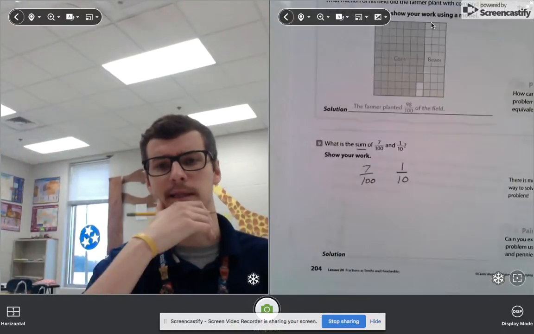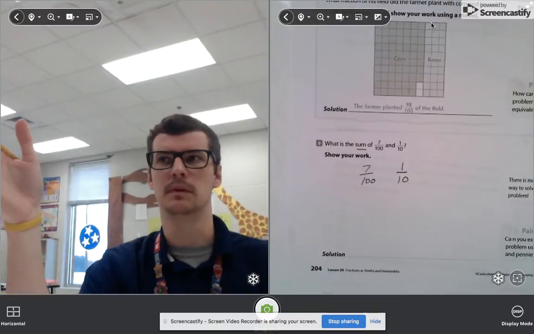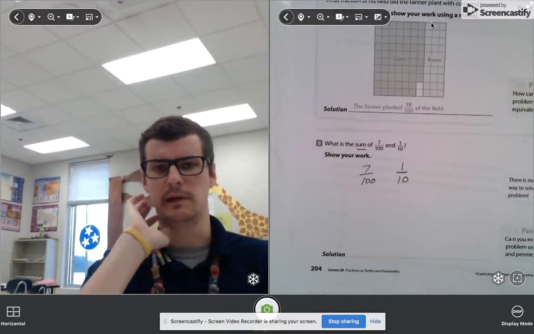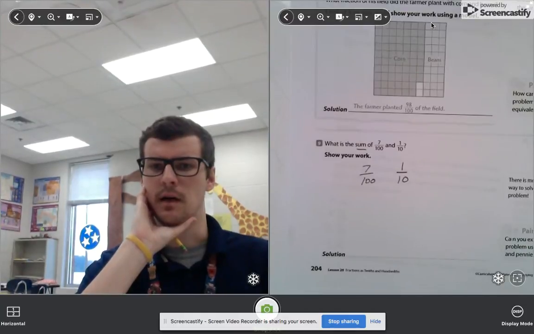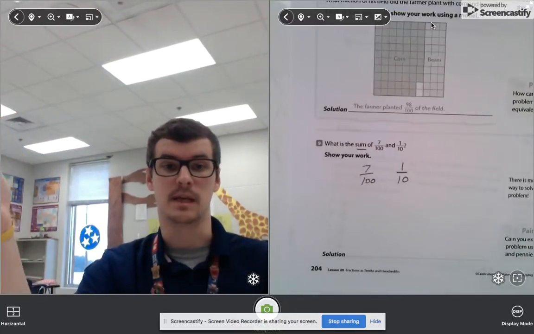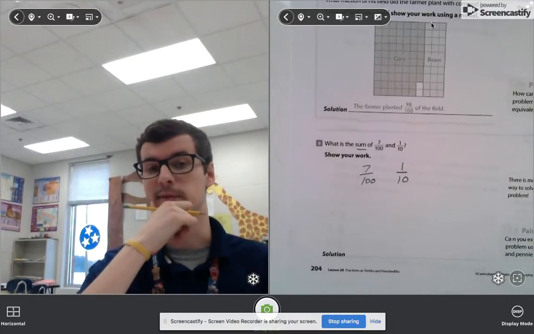We're either trying to get them both to have a denominator of 100 or both a denominator of 10. In order to be able to add these, we have to have them out of the same whole. In this situation, we're dealing with hundredths or tenths.